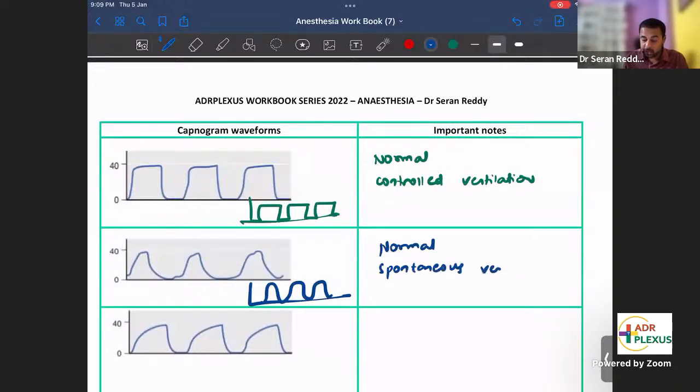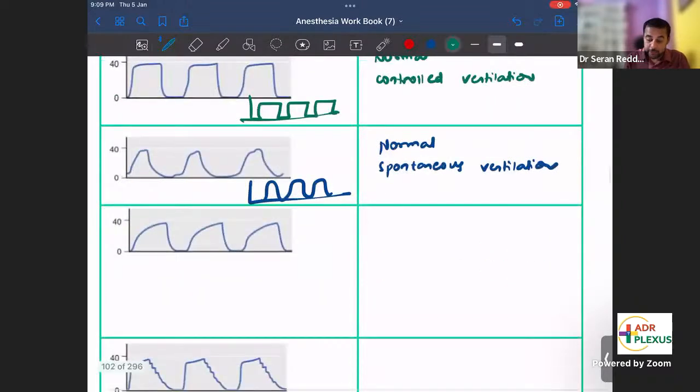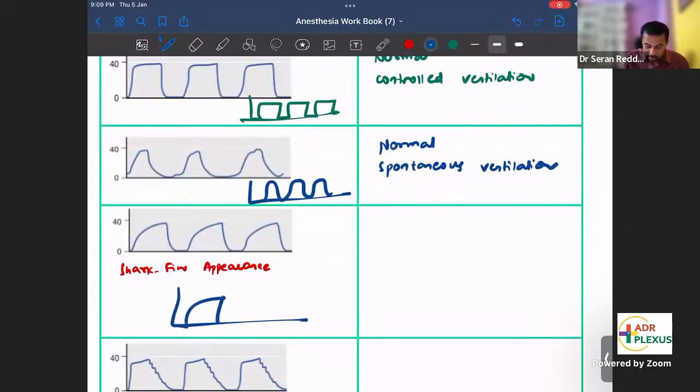Spontaneous ventilation. And if you see here, this is the characteristic shark fin appearance. This is due to the obstruction. Here what happens is that phase 2 and phase 3 get merged, compared to how the normal waveform looks.